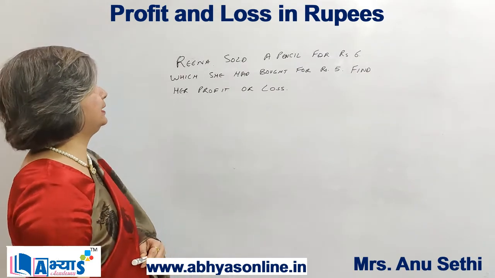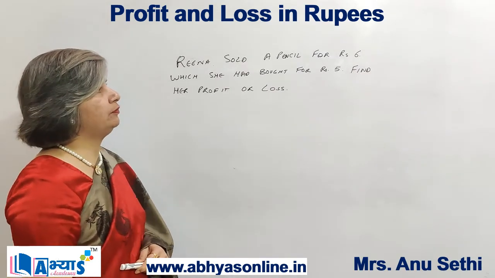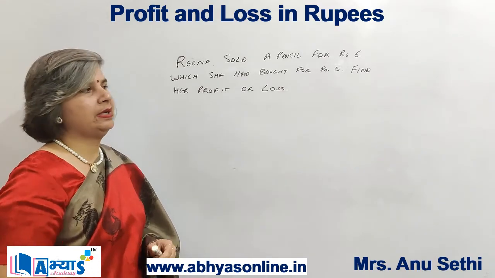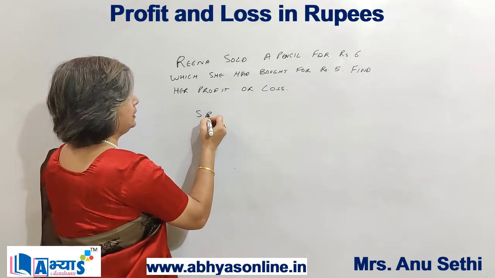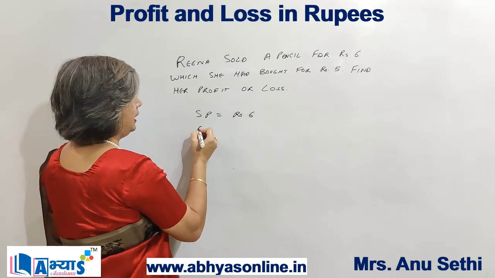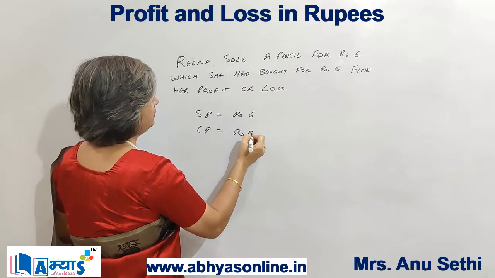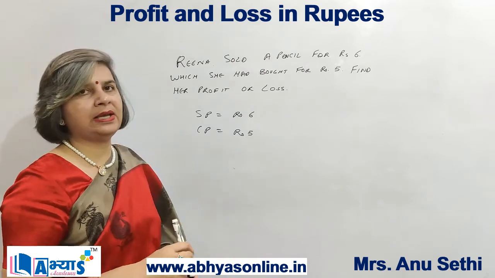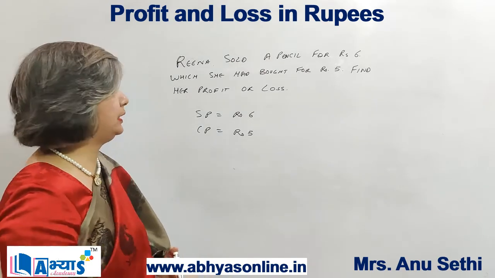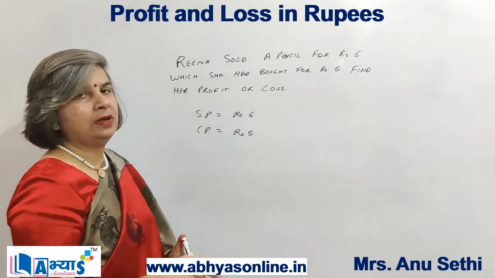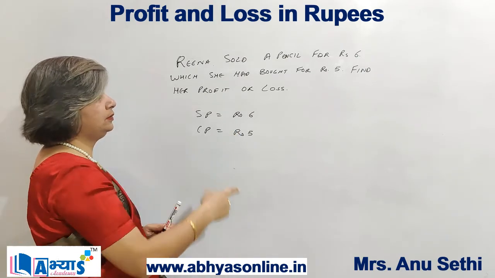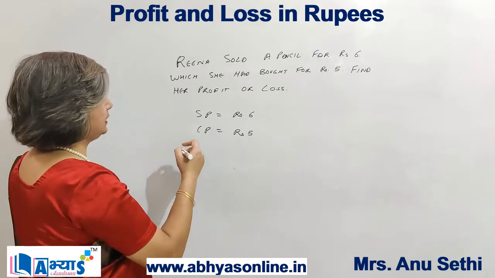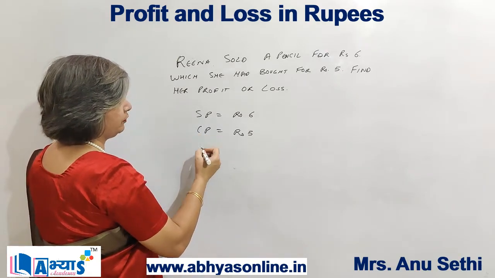So now let us take an example. Suppose Reena sold a pencil for ₹6 which she had bought for ₹5. That means the selling price of the pencil, or SP, is ₹6 and the cost price is ₹5. Now we see that the SP is more than CP, because 6 is more than 5, so we can say that she is making profit out of it.